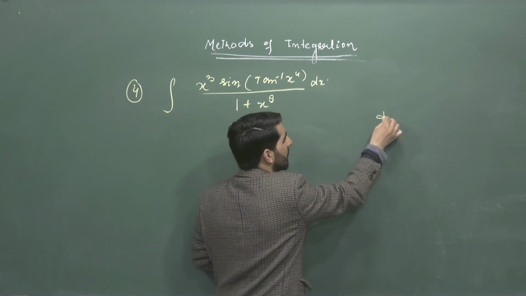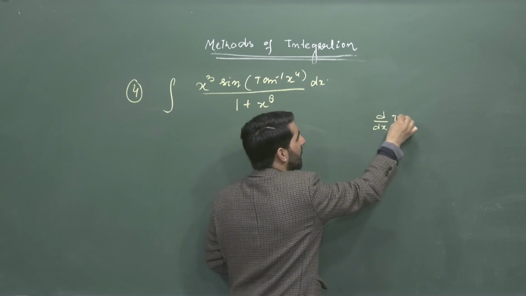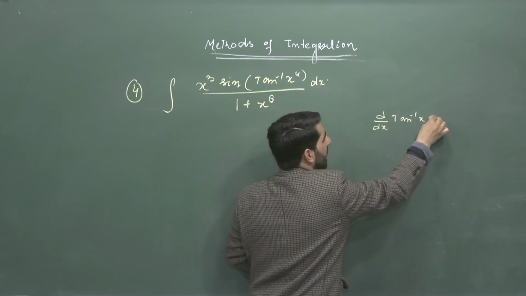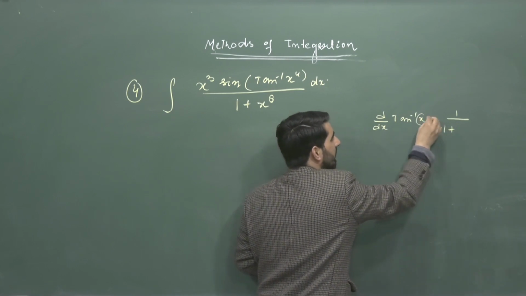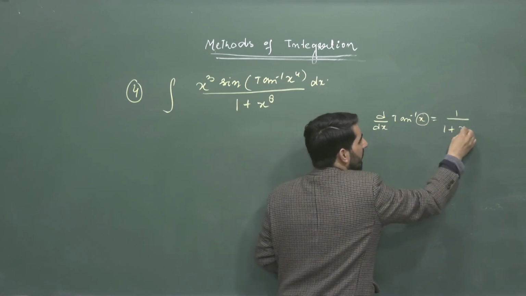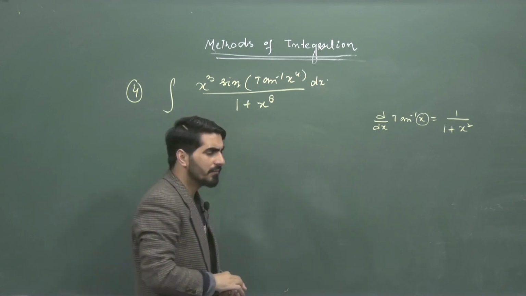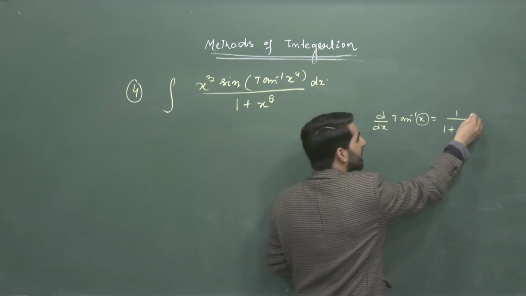first of all, as we know that the differentiation of tan inverse of x is 1 divided by 1 plus this x square, that is theta square, into internal differentiation of x, which is 1.